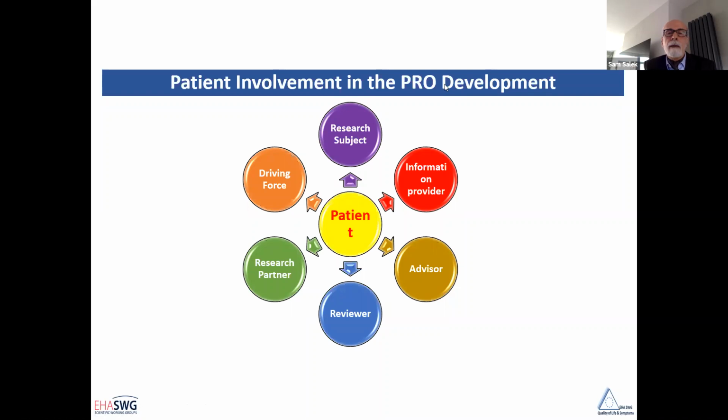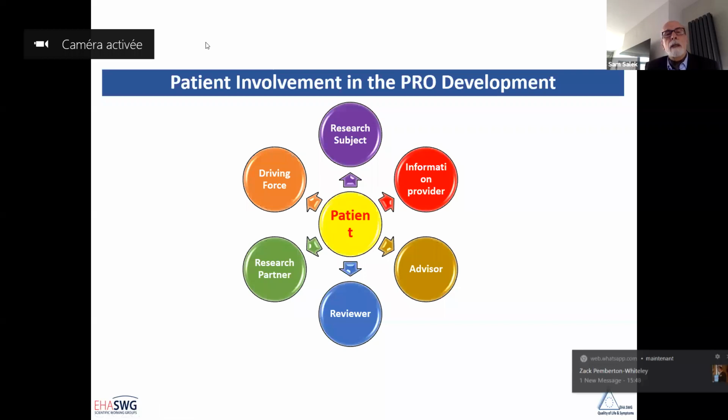The focus of these is really to demonstrate the importance of being involved in the initial conceptualization and development of the patient-reported outcome measure. So you're developing a measure with the patients who are the target population, and for those patients who are the target population. Next, please.